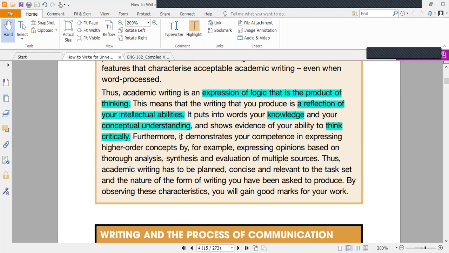Okay. It demonstrates your competence in expressing higher order concepts. Look, what is academic writing? It is the competence to express higher order concepts, concepts that you study at the university level in different subjects like economics or other subjects. For example, expressing opinions based on thorough analysis.